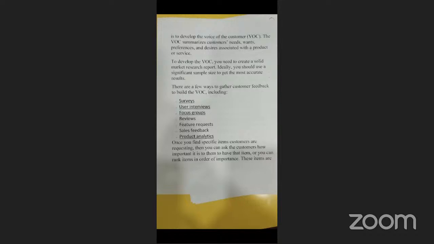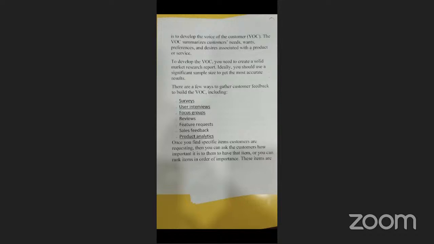And how to collect the information or customer's feedback, how to find out on the basis of survey, on the basis of the user interview, on the basis of the focus group, or the reviews, user request, real feedback.